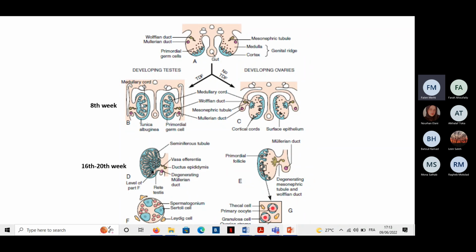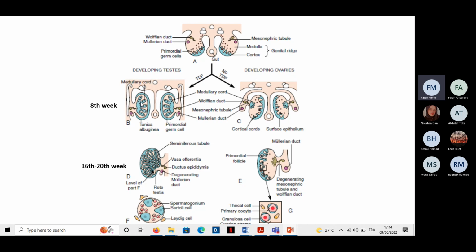But first of all, they will not be hollow from the inside. We don't have an empty space inside, and later on they will become hollow. So we will have development of those seminiferous tubules, and inside of them we have the primordial germ cells, which will give the spermatogonial stem cells, and we will have also the Sertoli cells.